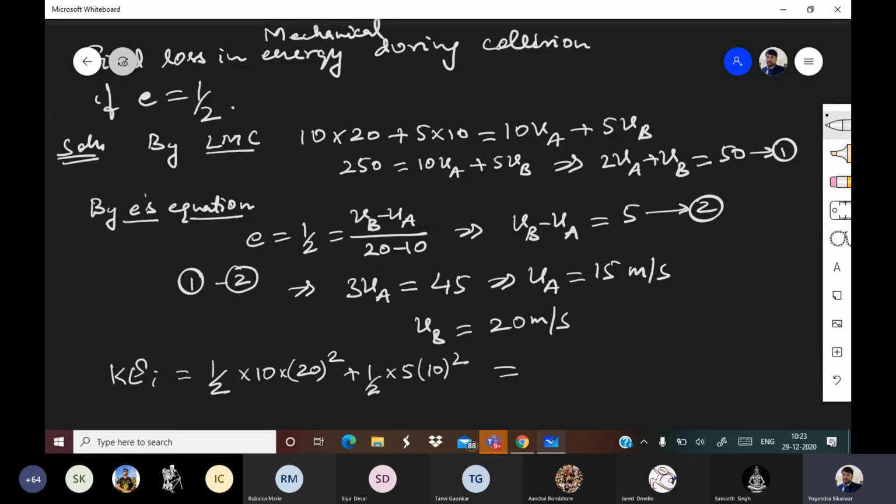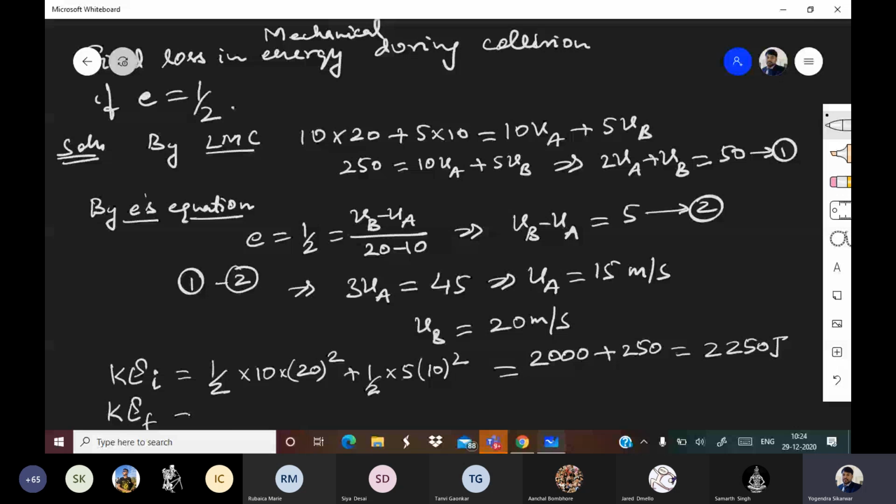Please quickly tell me how much is that. So 20 into 20 becomes 400. 400 into 10 becomes 4000 by 2 is 2000 plus 10 square is 100. 100 into 5 is 500 divided by 2 is 250. So that comes out to be 2250 joule. That is kinetic energy initial.